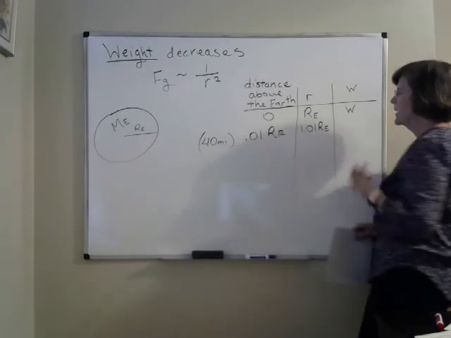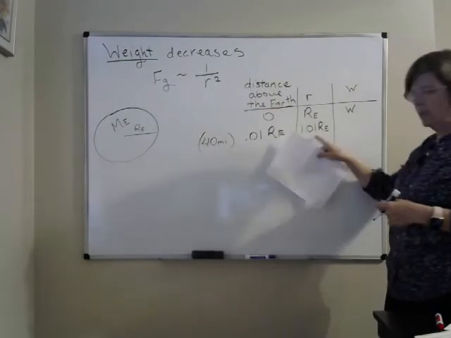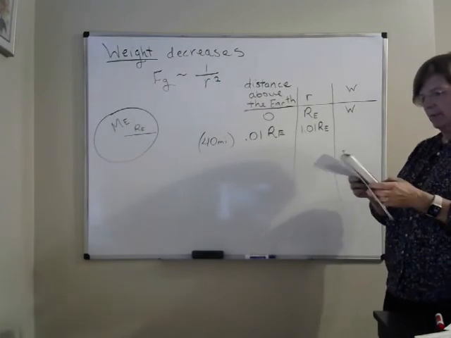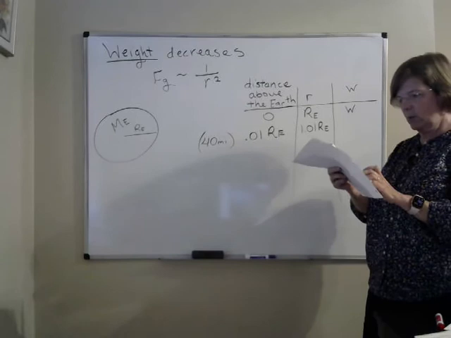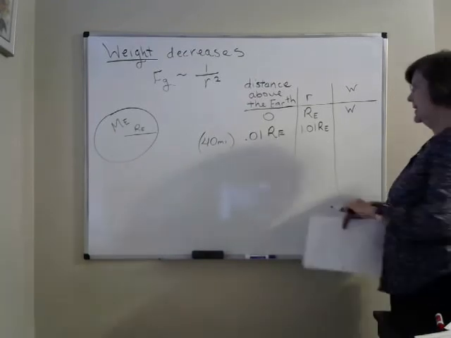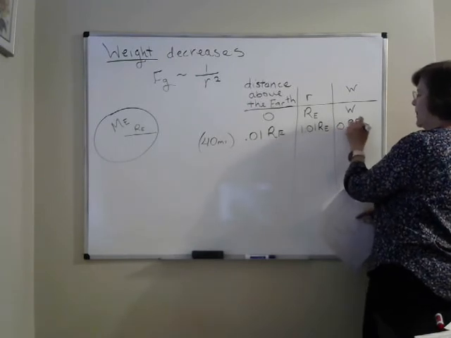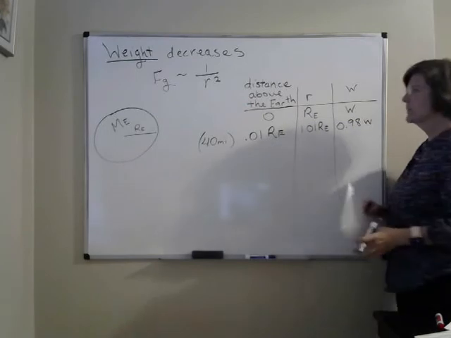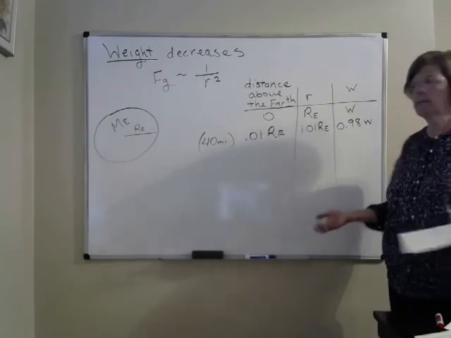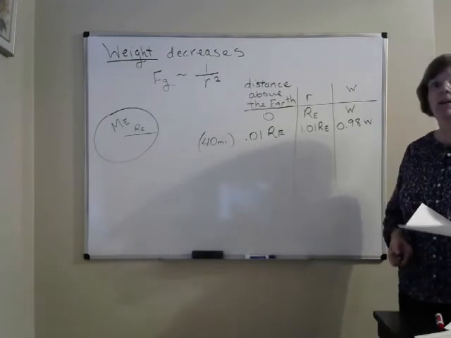All I have to do to get my new weight is do 1 over 1.01 squared. If I do 1 divided by 1.01 squared, it comes out to be about 0.98. So this is going to have a weight of 0.98 W. So if you go up in the air 40 miles, you'll still weigh about 98% of your weight. You still weigh a lot.